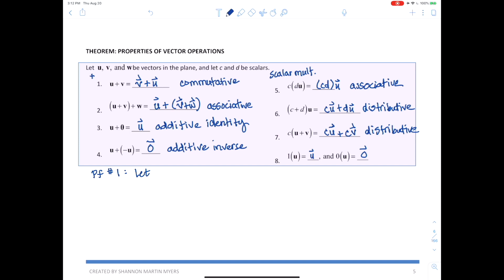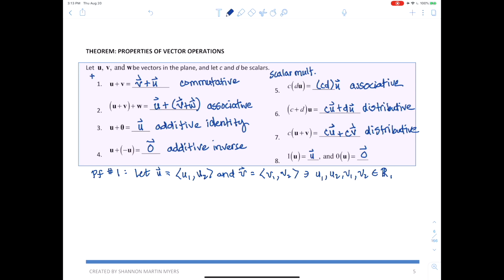And these are vector operations in the plane. So we're going to let U equal U1, U2, and V equal V1, V2, such that U1, U2, V1, and V2 are elements of the real numbers.